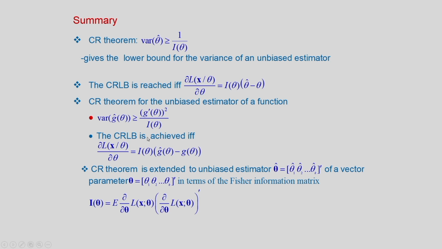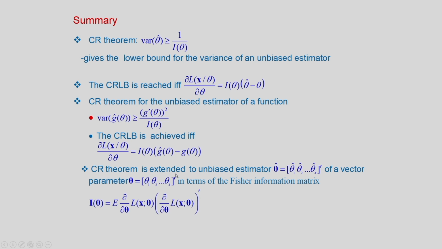This CRLB is achieved if and only if ∂L/∂θ is equal to I(θ) times (g hat(θ), that estimator, minus g(θ)). This is the condition for achieving the CRLB by g hat(θ).